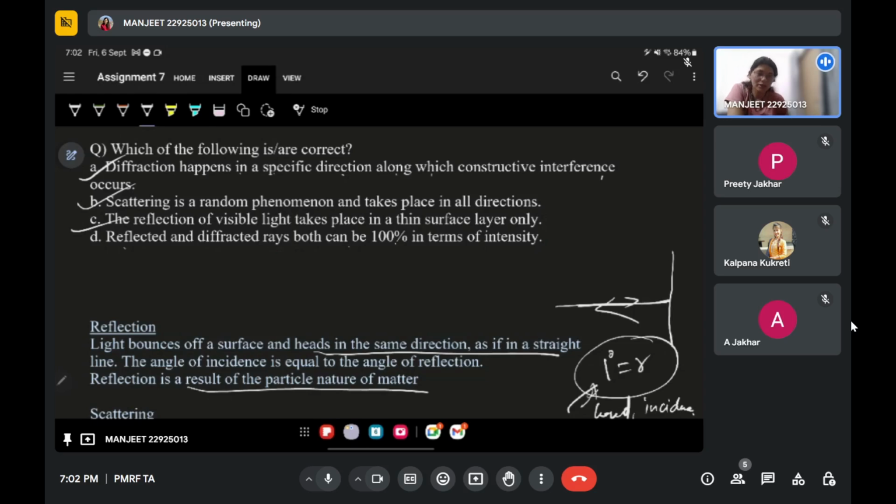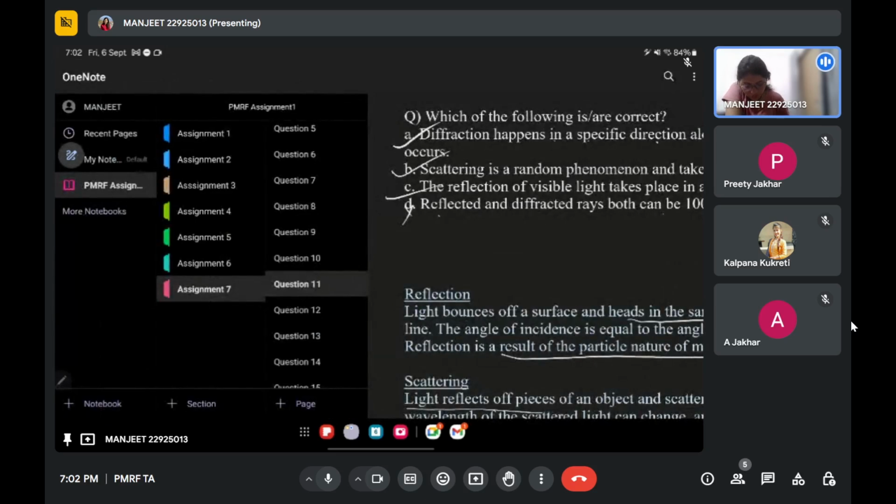No, whatever the intensity of the incident wave, it can't be the same for the reflected and the diffracted wave. So D is not the right answer. It is not a necessary condition that the intensity should be the same as the incident intensity. Okay, so let's move to question number 12.